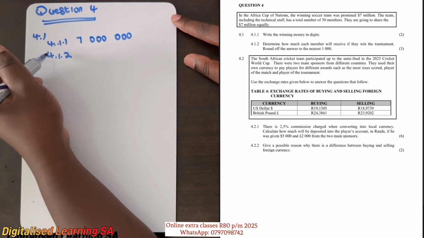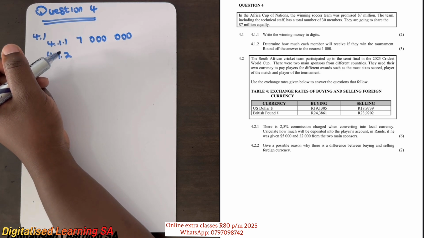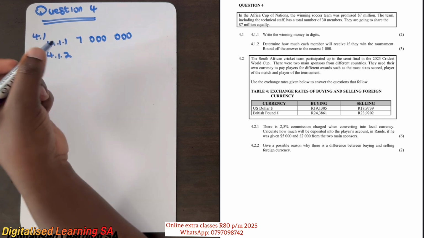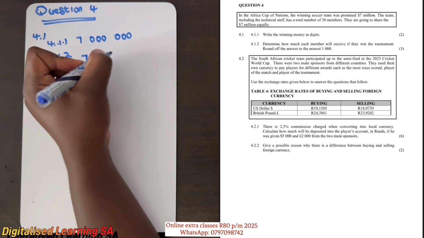So question 4.1.2 says that determine how much each member will receive if they win the tournament. And then we are told to round off the answer to the nearest 1,000. Okay, so what we are going to do here is come and say 7 million.